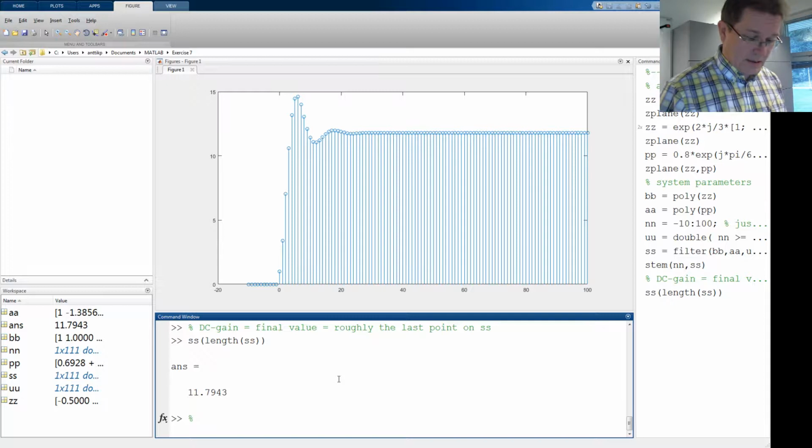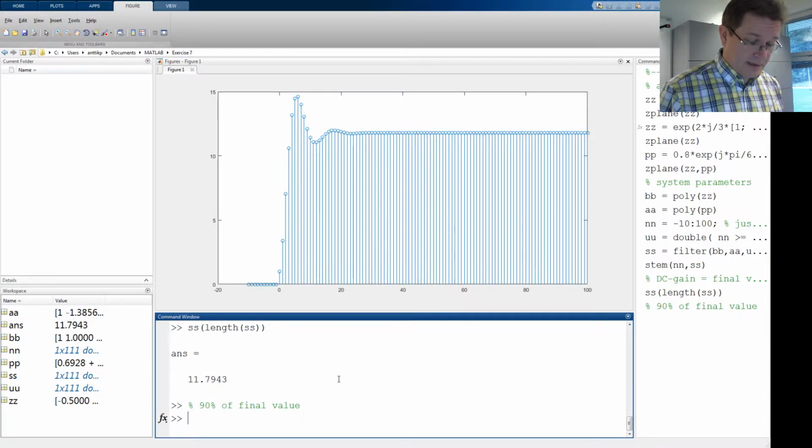All right, so 90% of final value is, let's see, V90. Oh, that sounds Volvo. L90. L 90%, basically it's the same as, well, let's see.